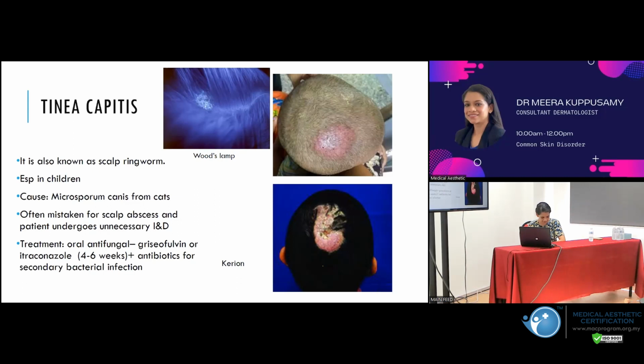So the oral antifungal that I use is griseofulvin or itraconazole, for 4 to 6 weeks.